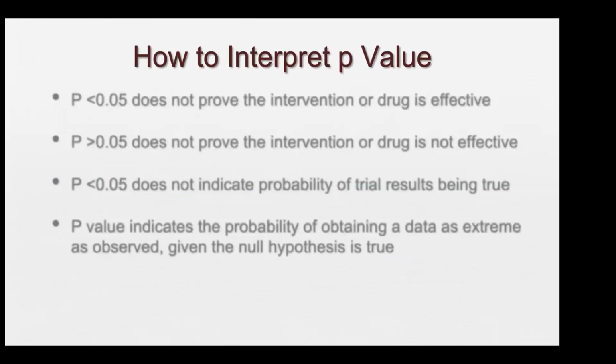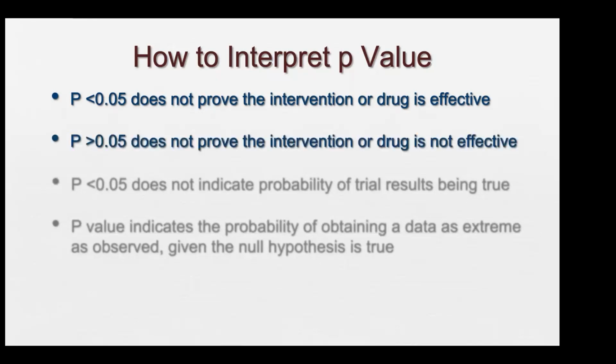So these are the important points about the p-value: p less than 0.05 does not prove that the intervention or the drug is effective. Secondly, p more than 0.05 does not prove that the intervention or the drug is not effective. Third point is that p less than 0.05 does not indicate the probability of the trial results being true.